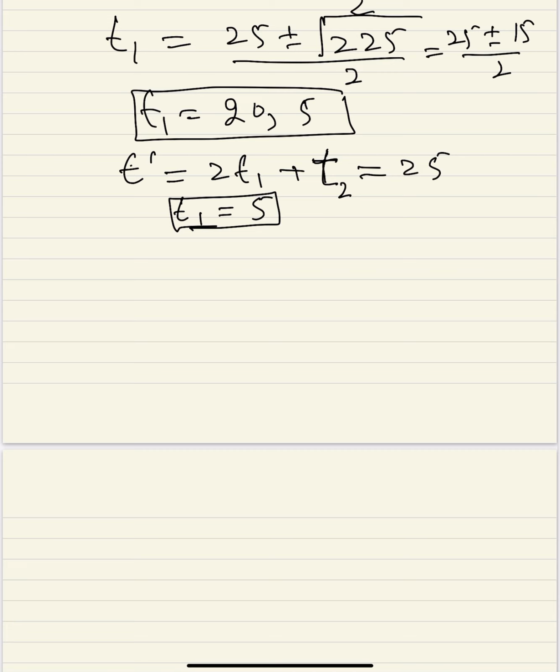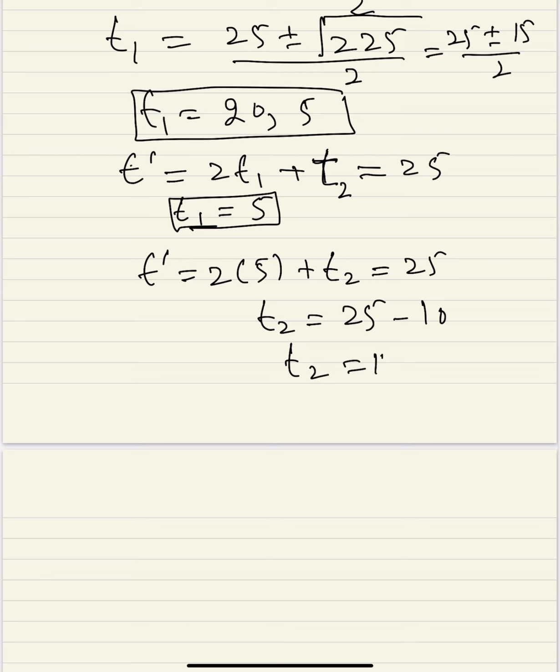So what should we write? That is T prime is equal to 2 into 5 plus T2 is equal to 25. That is T2 is equal to 25 minus this 10. That will make T2 equal to 15. So the car moves for 15 seconds with constant velocity.